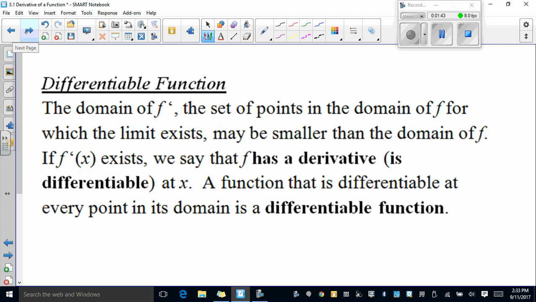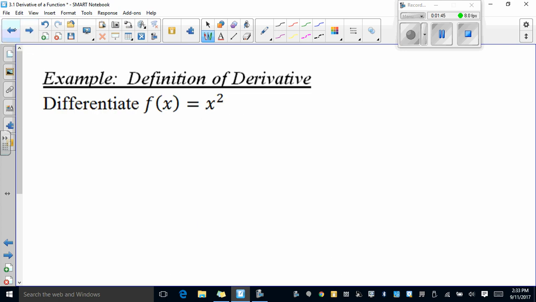So, definition of derivative: differentiate f of x equals x squared. So f prime of x is equal to the limit as h approaches 0 of f of x plus h minus f of x, all over h.